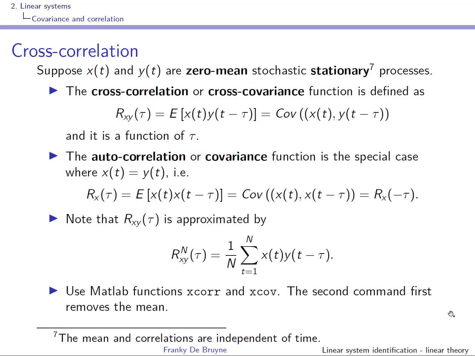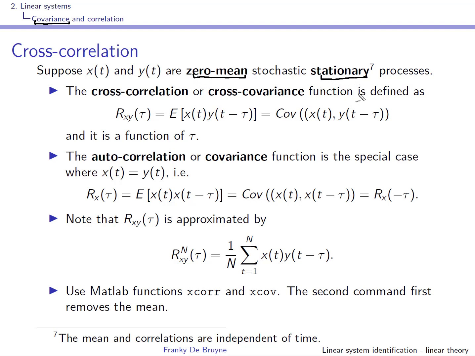So we'll now define the notion of cross-correlation and autocorrelation, which are notions that are going to be used extensively in this course, and we are relying on the notion of covariance that we have defined earlier. So the assumption here is that x and y are stochastic processes which are zero mean and stationary.